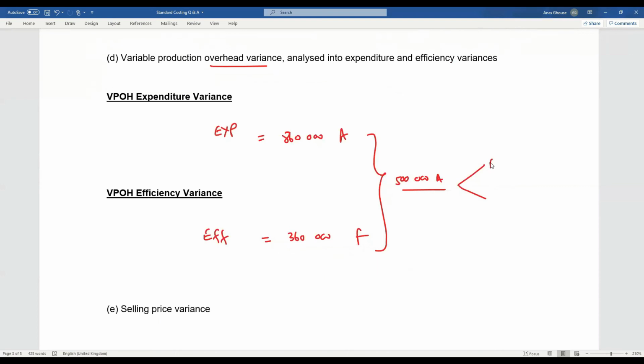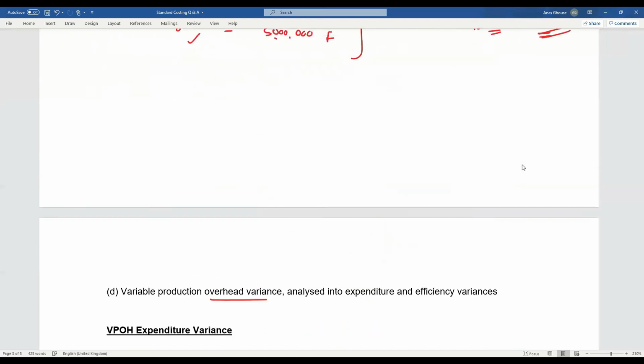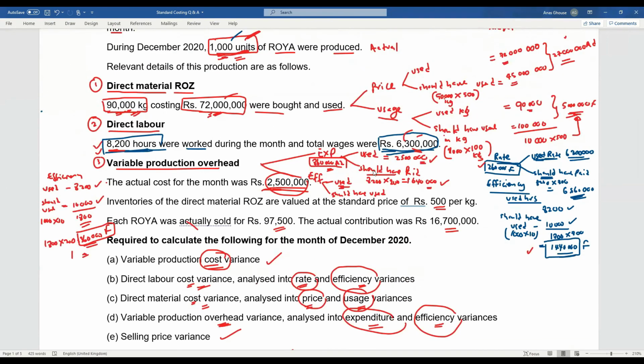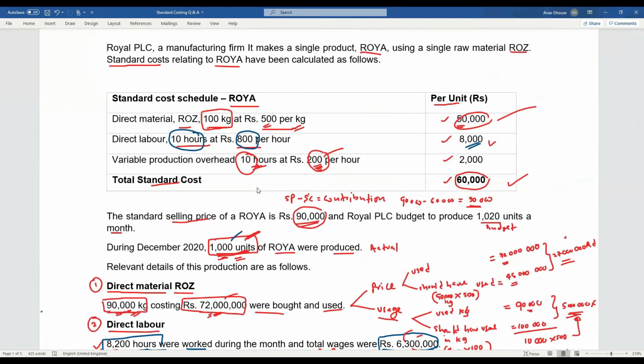We have to see how much we have paid and how much we should have paid for 1,000 units. Okay, we paid 2.5 million to produce 1,000 units. In fact, to produce 1,000 units, we should have paid at the rate of 2,000. This was our standard cost.